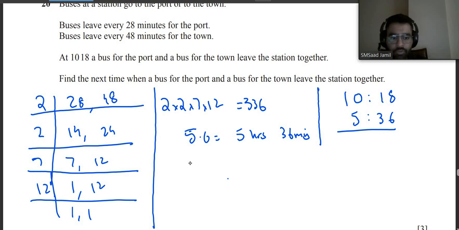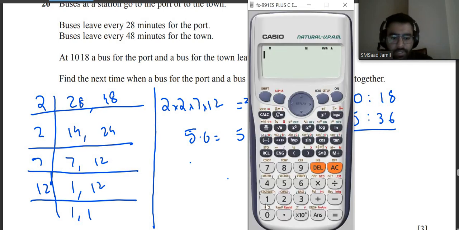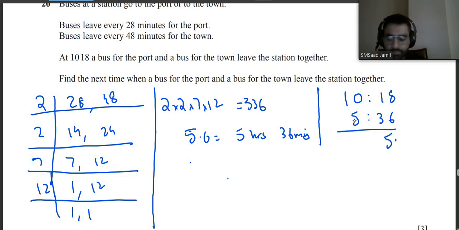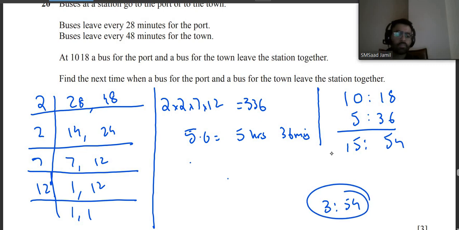So this turns out to be 18 plus 36. What is 18 plus 36? That's 54. And 10 plus 5 is 15. So that's 15:54. If you guys want, you can write it as 3:54 as well, because both mean the same thing.